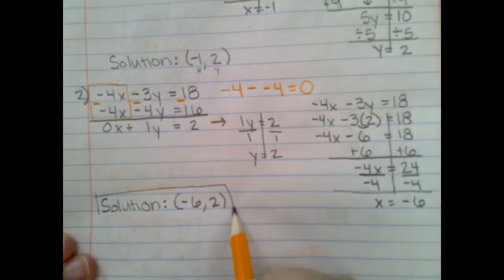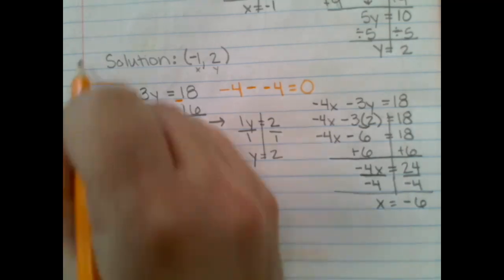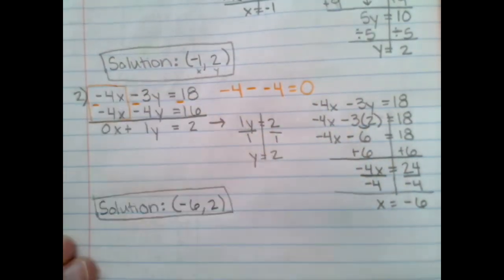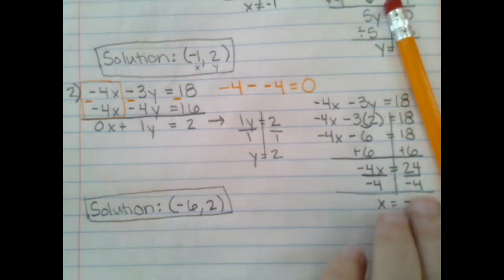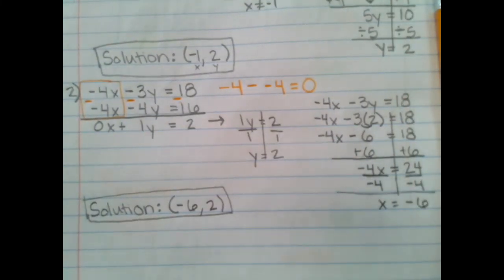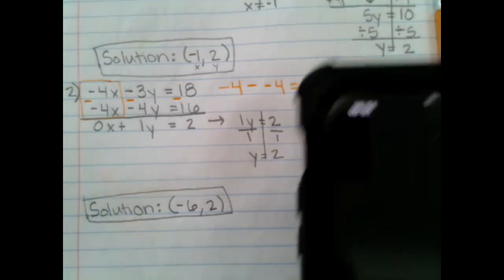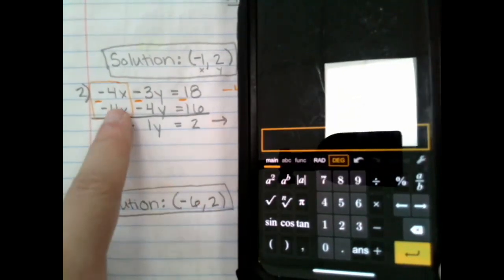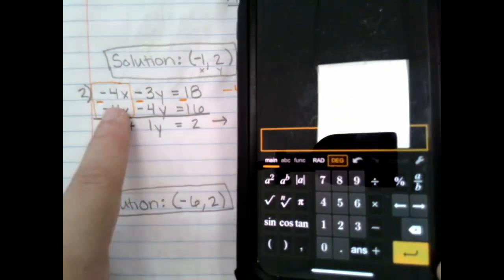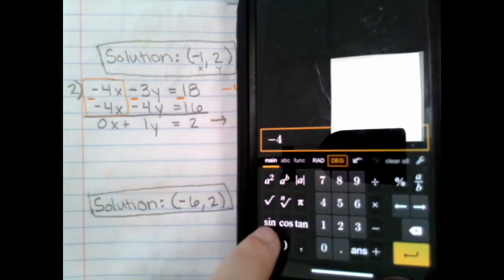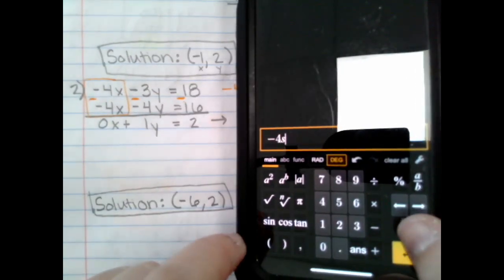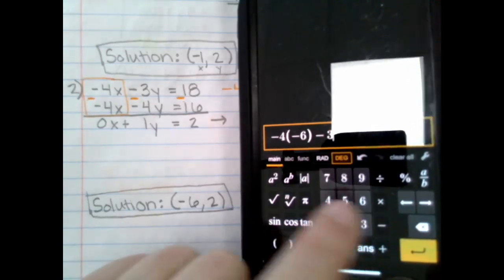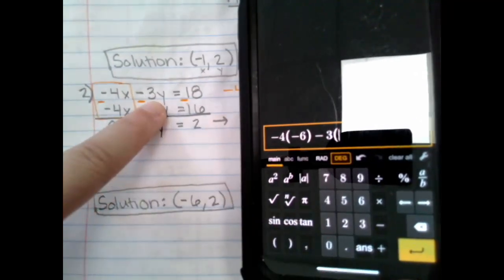All right, we have one more thing to add, so don't put away your computers. Don't put away your notebooks yet. We are going to check our solution really quick, because sometimes it gets lost and we're just doing math to do math. Remember, our goal is if I take that negative 6, 2, and I put it back in our equations, they should make it true. So I have negative 4 times, what did we say our x was? Negative 6. Negative 6 minus 3 times, what's our y? 2.